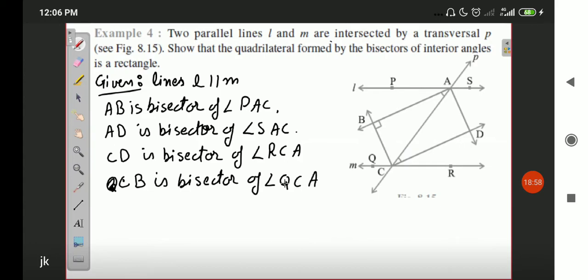In this manner, we have four angle bisectors. What we need to prove is that ABCD is a rectangle.